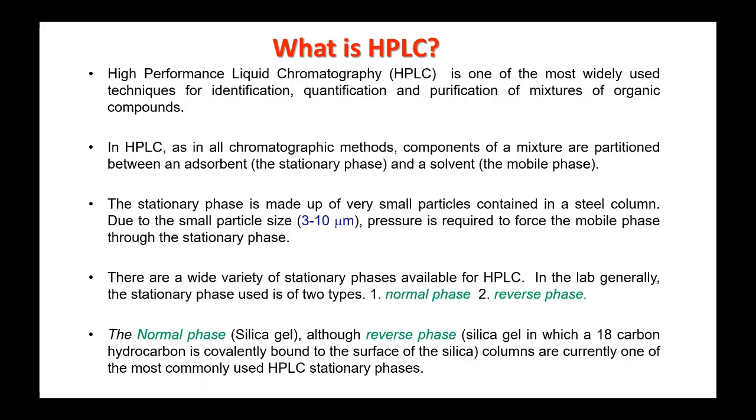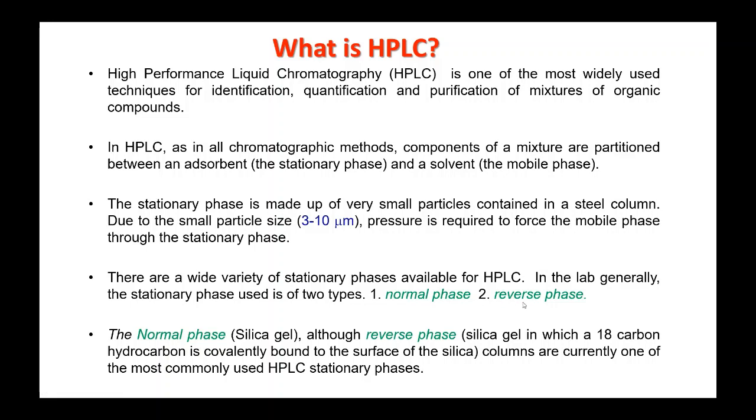So the silica has the C18 hydrocarbon connected. The surface becomes more hydrophobic in nature because you are putting a long chain of hydrocarbon, C18. So the most commonly used HPLC stationary phases are hydrocarbon bonded on the silica surface.